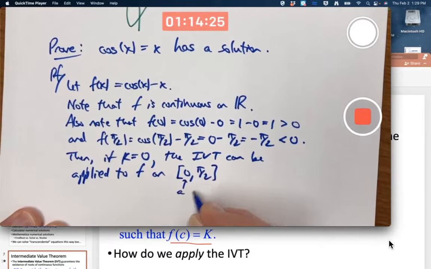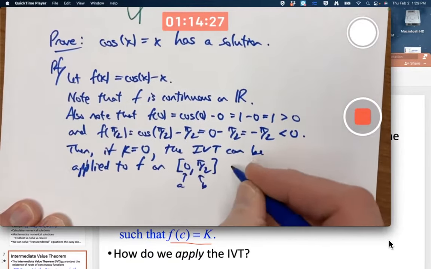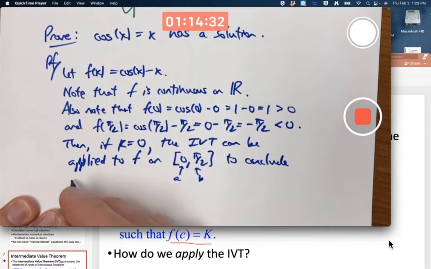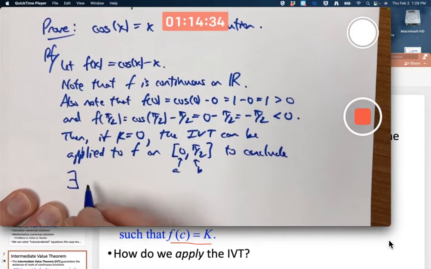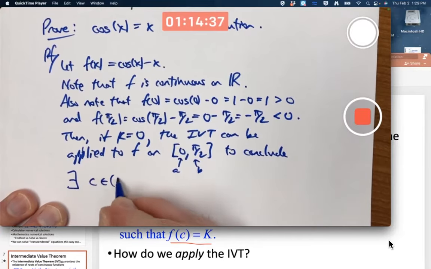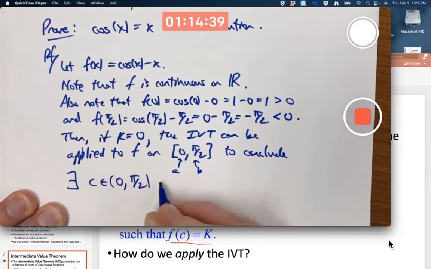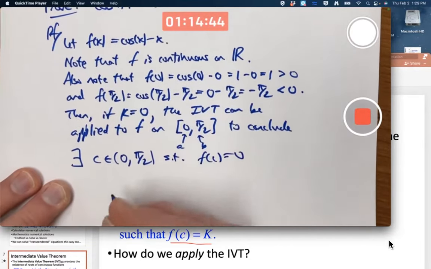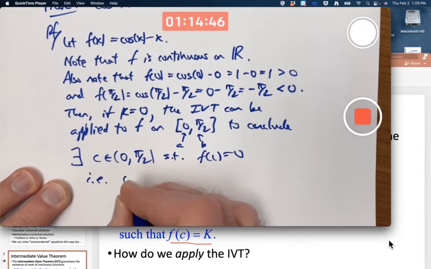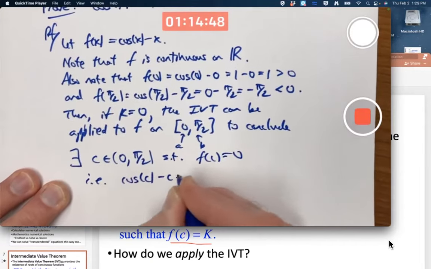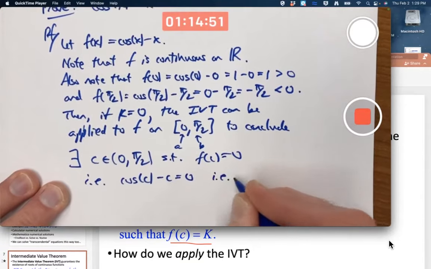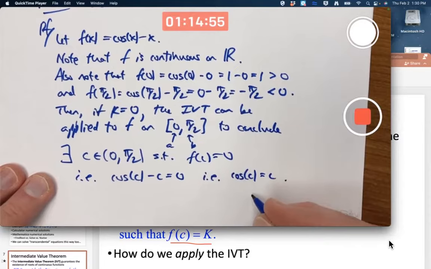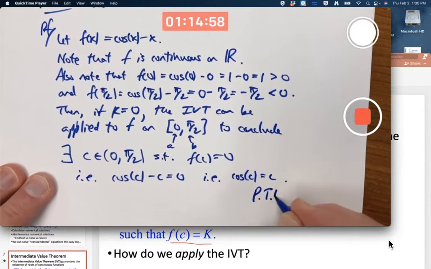A is 0, B is pi over 2, to conclude that there exists, backwards E means there exists, a number C between 0 and pi over 2, such that, ST means such that, f of C equals 0, i.e. cosine of C minus C equals 0, i.e. cosine of C equals C. Done. QED or praise the Lord, PTL.